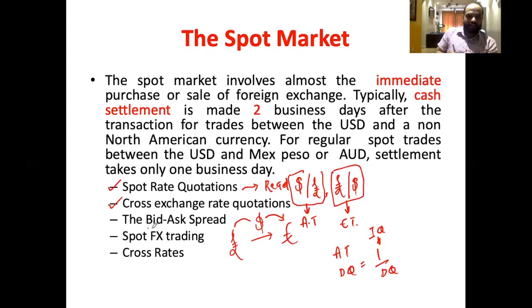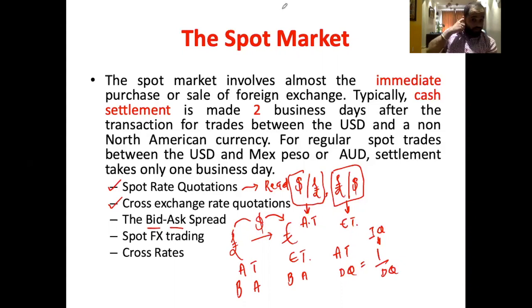And then bid and ask spread, right? Bid and ask means buy and sell. So buy and sell in American terms and European terms. Remember, American bid and ask, and European bid and ask, right?